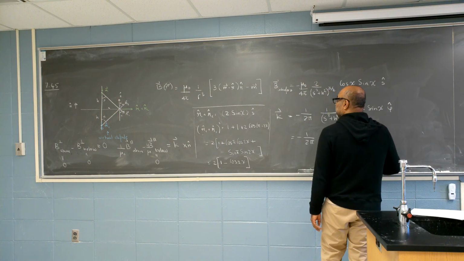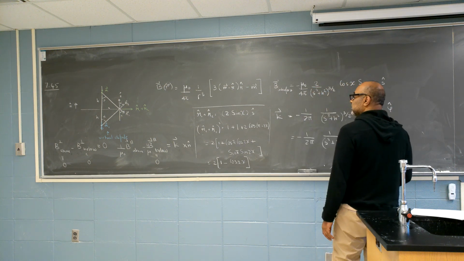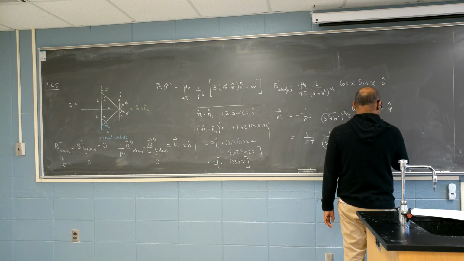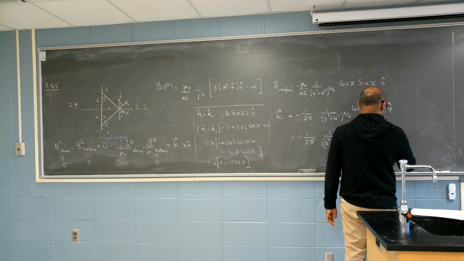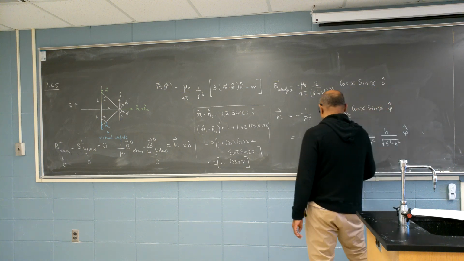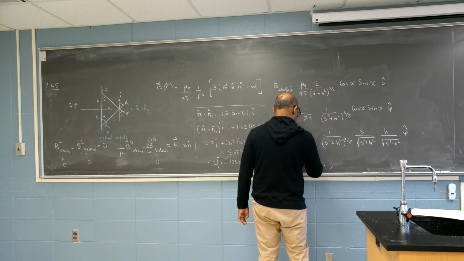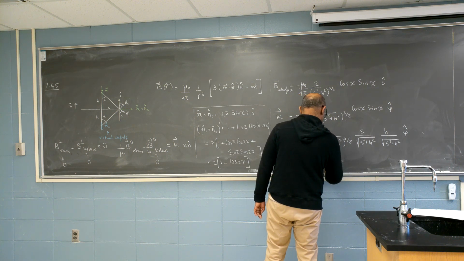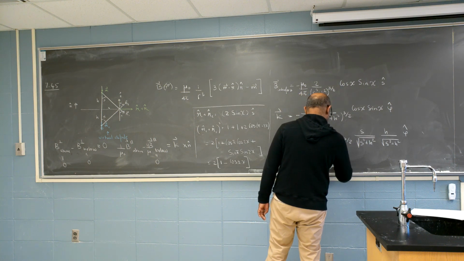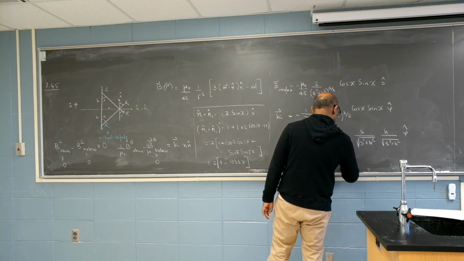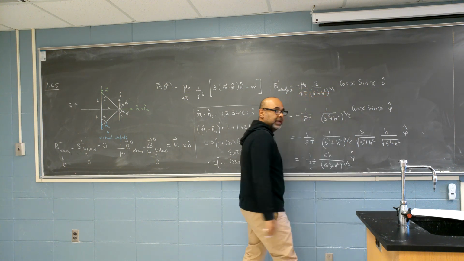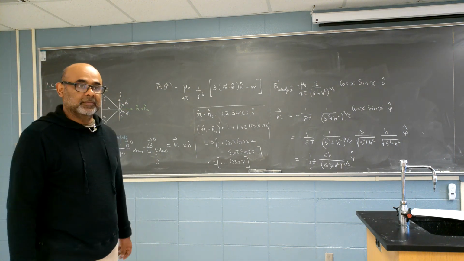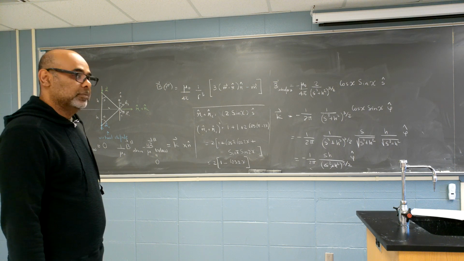And cosine chi is h over the same. That's -1 over 2 pi, s h over s squared plus h squared to the 5/2, phi hat.